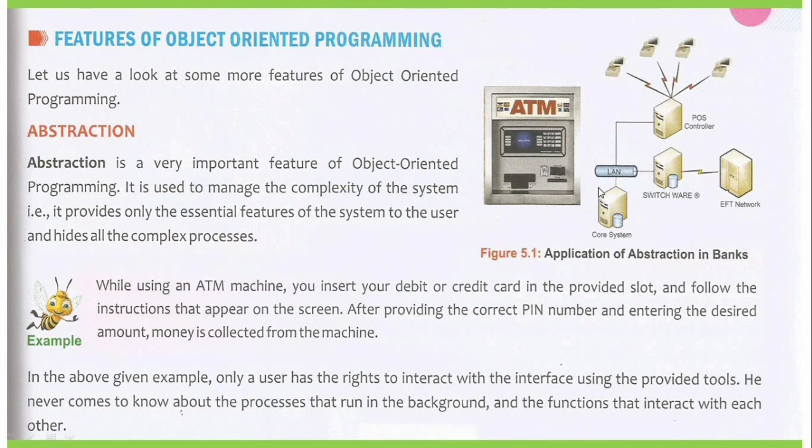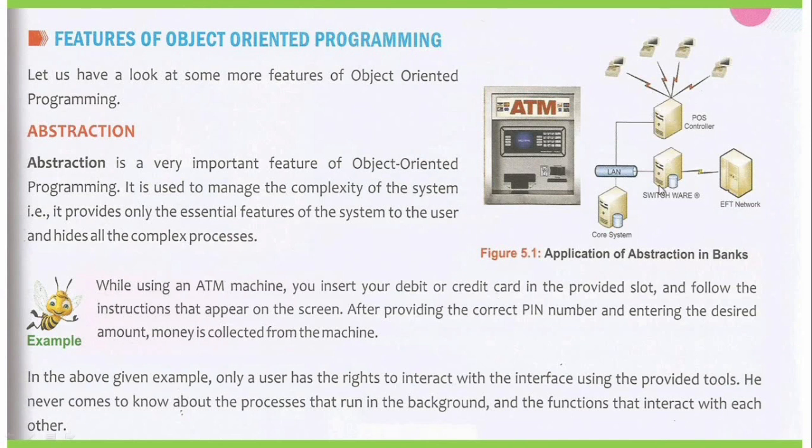There are many computers which are connected to each other, and all the different computers in different banks are also connected to this ATM machine, but you don't come to know about it. There are very complex functions happening behind when you press different buttons on this ATM machine, and the functions that interact with each other, you don't come to know about them. What is happening behind this?